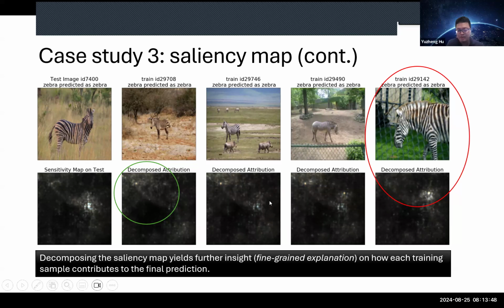The last image mostly contributes to the model's prediction through the very significant head region. But for the images in the middle, you see that the background also contributes significantly, at least compared to the last figure. So I think decomposing the saliency map provides more fine-grained explanations of how each training sample contributes to the final prediction. I think this is also pretty interesting.